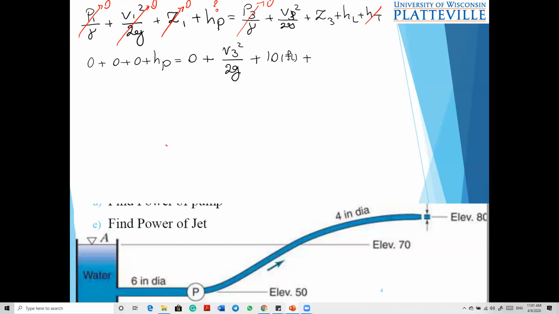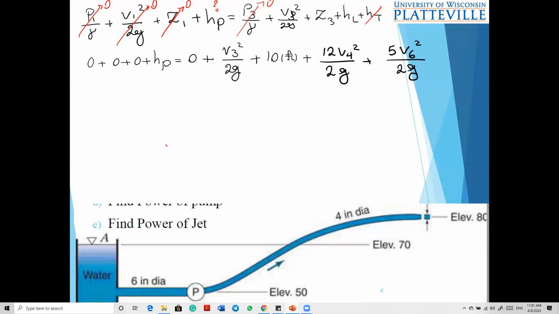All right, so let's see what the head loss is. In the problem, it says the head loss in the 4-inch is 12 V4 squared over 2g plus the head loss in the 6-inch diameter pipe is 5 V6 squared over 2g.